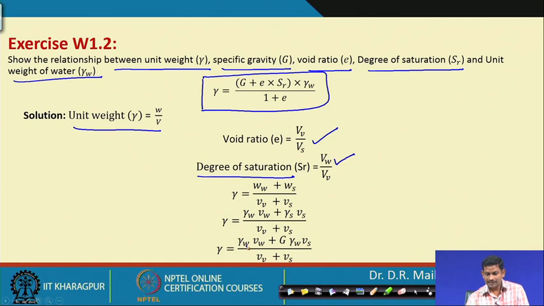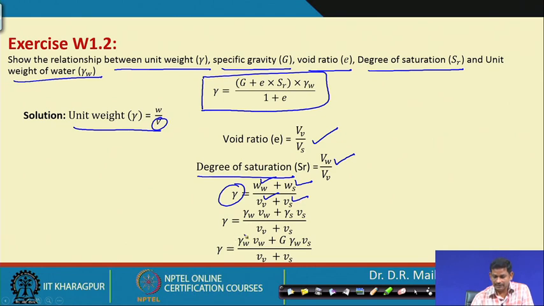Okay, so let us start with gamma. The gamma is equal to W by V. Since this is the total weight, that can be written as the weight of water and weight of solids, and this is the total volume, the volume of voids and volume of solids.